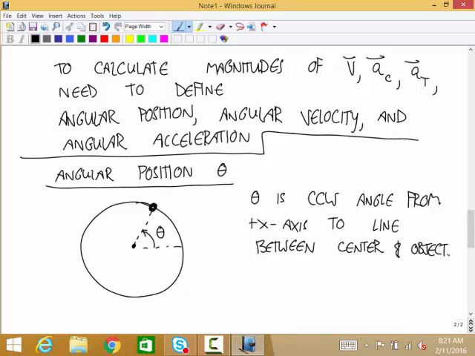Just like when you're talking about cosine and sine of angles, if this object was over here in the 4th quadrant, you could talk about that as an angle of positive 300 degrees or whatever. Or just as well, you could talk about that as an angle of negative 30 degrees or whatever. So clockwise is negative.